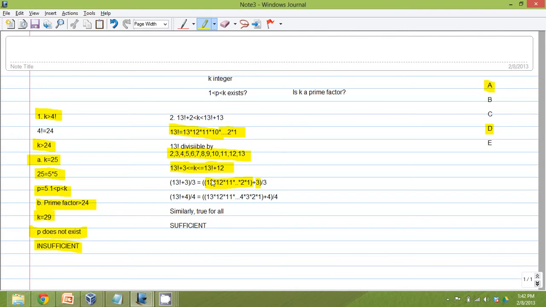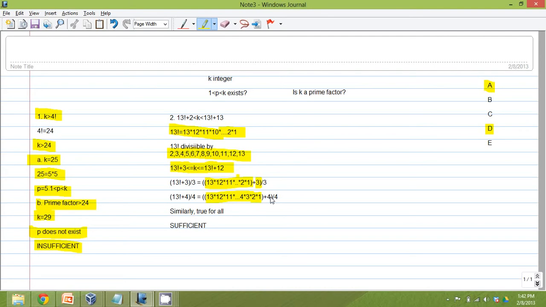So if this number lies between 1 and 13, I would be able to divide it by all numbers between 1 and 13. This whole number, 13 factorial plus this, would be divisible by that number, whatever comes here. For example, if I take 13 factorial plus 4, I know this whole thing is divisible by everything between 1 and 13.